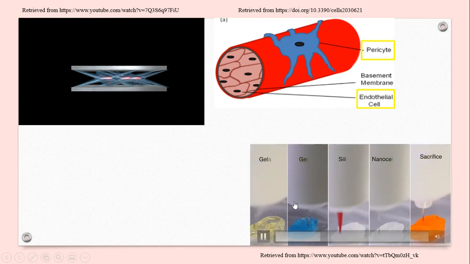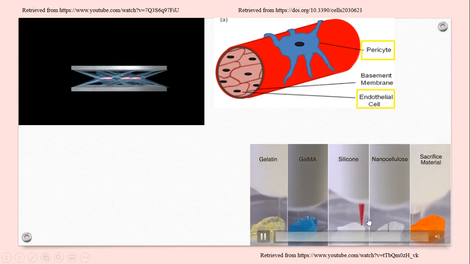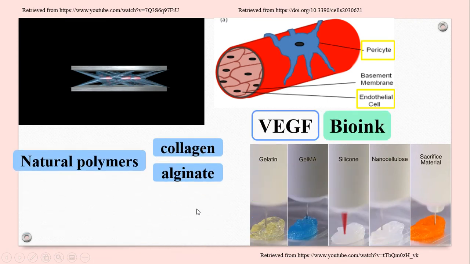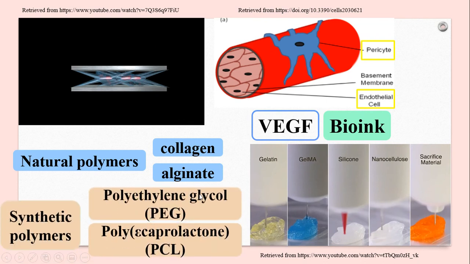Bioink is a fundamental liquid composed of living cells and material to build a scaffold for the interaction of cells. It can have a wide variety of formulations, depending on the composition of each material. It can be natural polymers such as collagen, alginate, or synthetic polymers such as PEG, PCL.